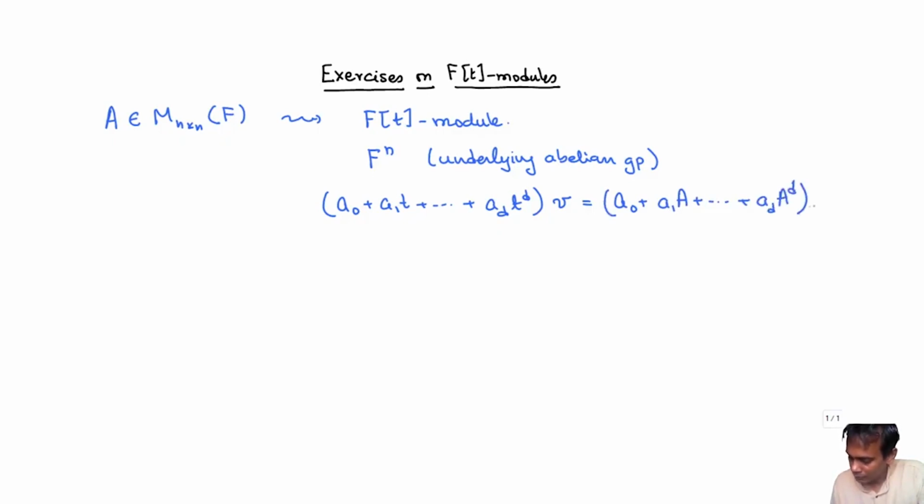This whole thing is a matrix multiplied by v. And every F[t]-module arises in this manner. So here's the first exercise.